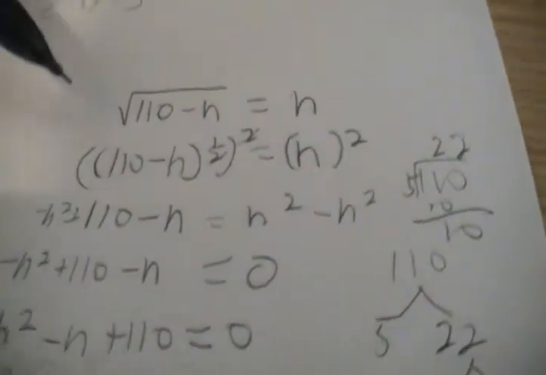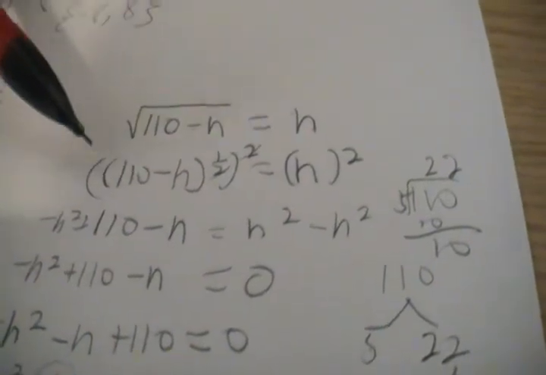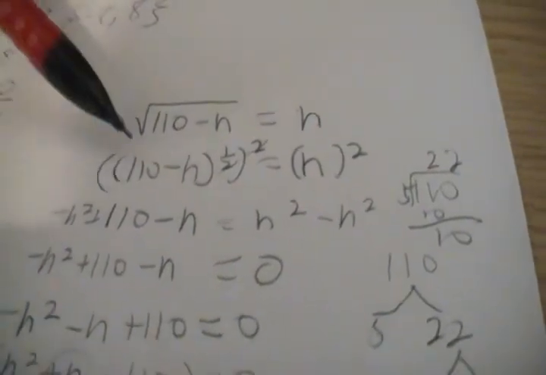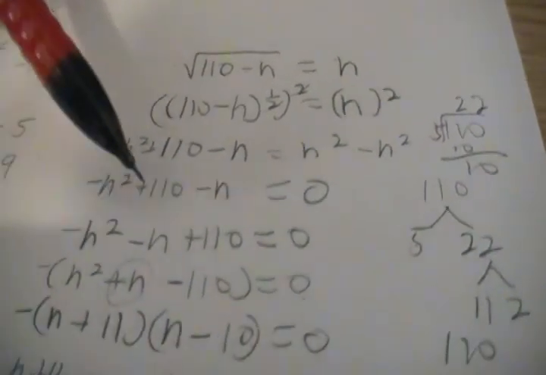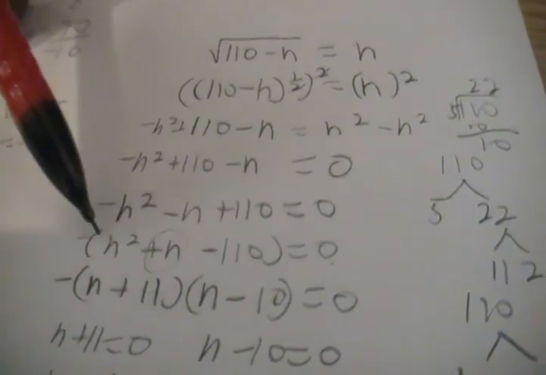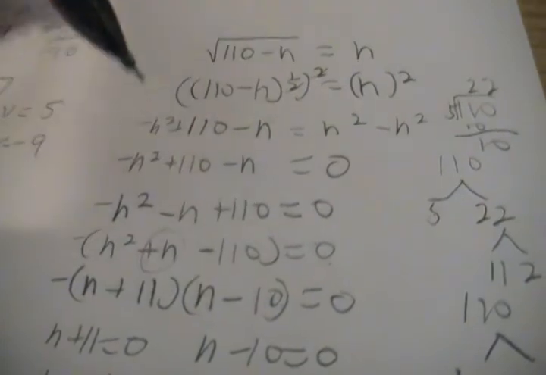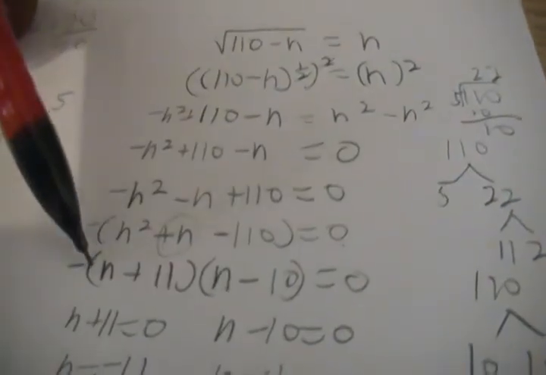So the first thing is, if we have a radical equation, we have to square both sides to get rid of the radical. Then this turns into a quadratic equation. To solve a quadratic equation, we have to turn this quadratic into binomials.